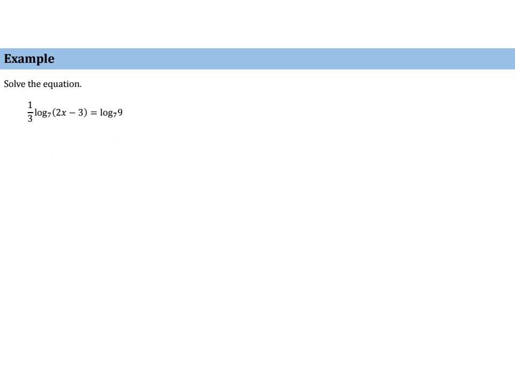Now here we have a logarithm equals a logarithm. So that kind of tells us that we probably will be using our 1 to 1 property. But before we go that direction, we have to deal with this 1/3, because the 1 to 1 property means that the only thing on the left-hand side is a logarithm, not something times a logarithm.